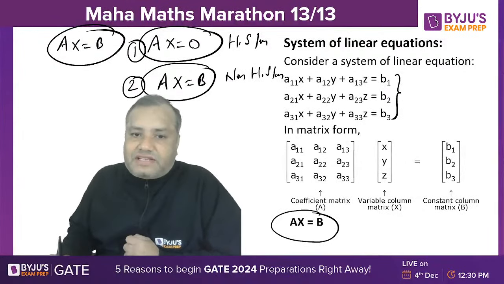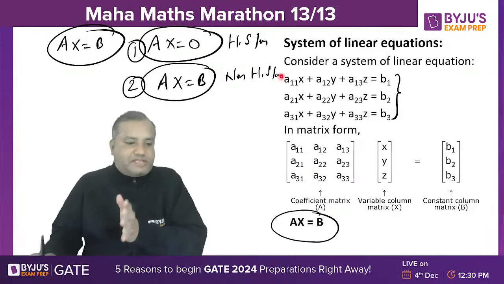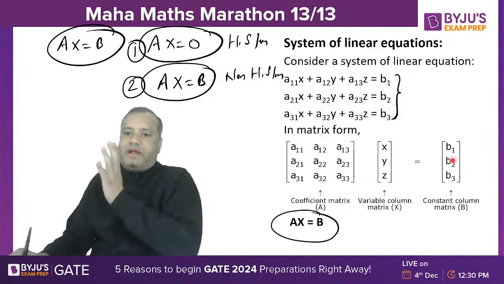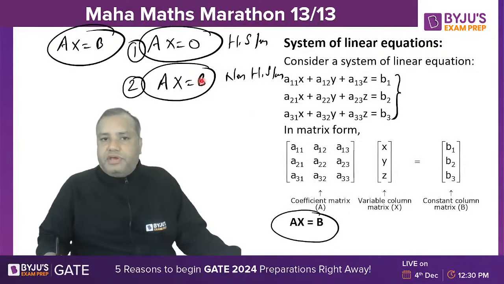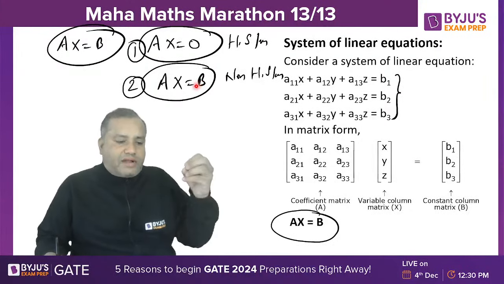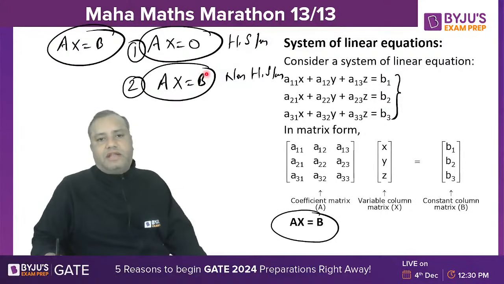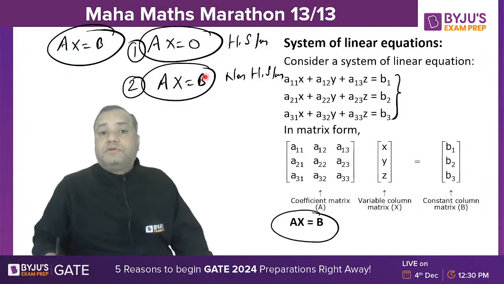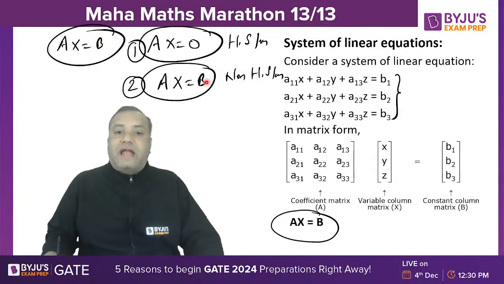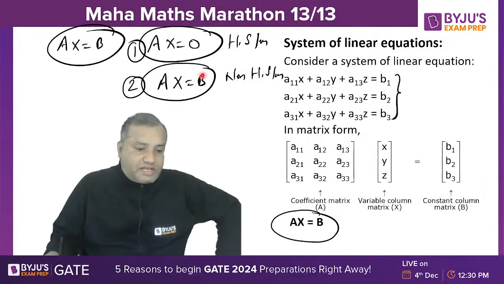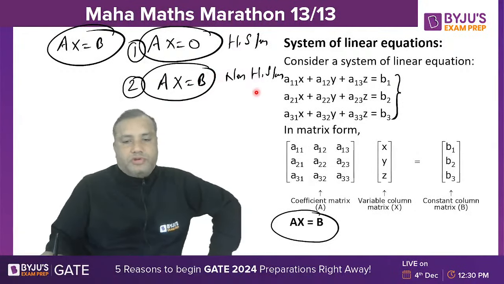It's not that a single element is 0. All the elements in this column matrix must be 0. In a non-homogeneous system, at least one of them is non-zero, so it will be a non-zero matrix, and definitely you will get a non-homogeneous system.